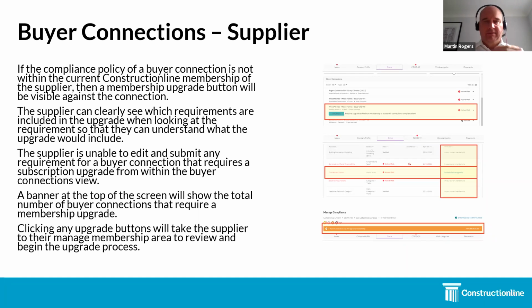Whether they click from the banner at the top level, or from within the segment on the upgrade button, either button will take them through to the area where they can manage their membership, review the membership information and begin the upgrade process if they so choose.